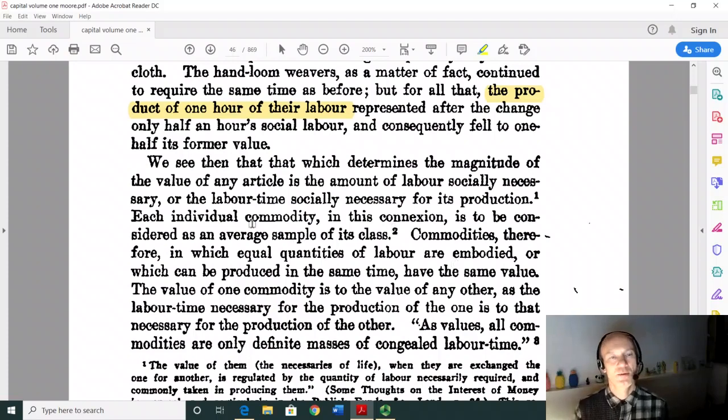So again, labor time socially necessary for the production of something.